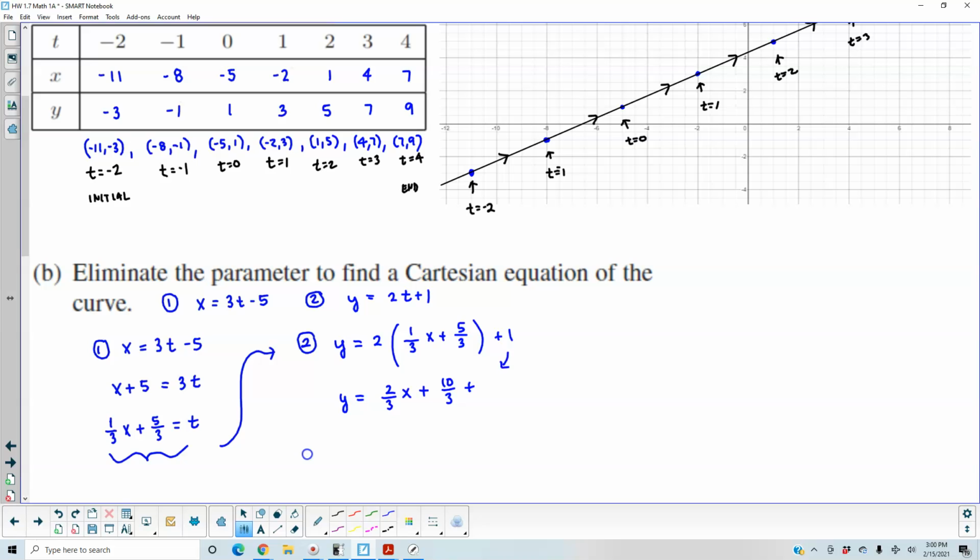Well, remember that 1 is the same thing as 3/3. So we get y, which is equal to 2/3 x plus 13/3. And therefore, we've eliminated the parameter to get the Cartesian equation of the curve.